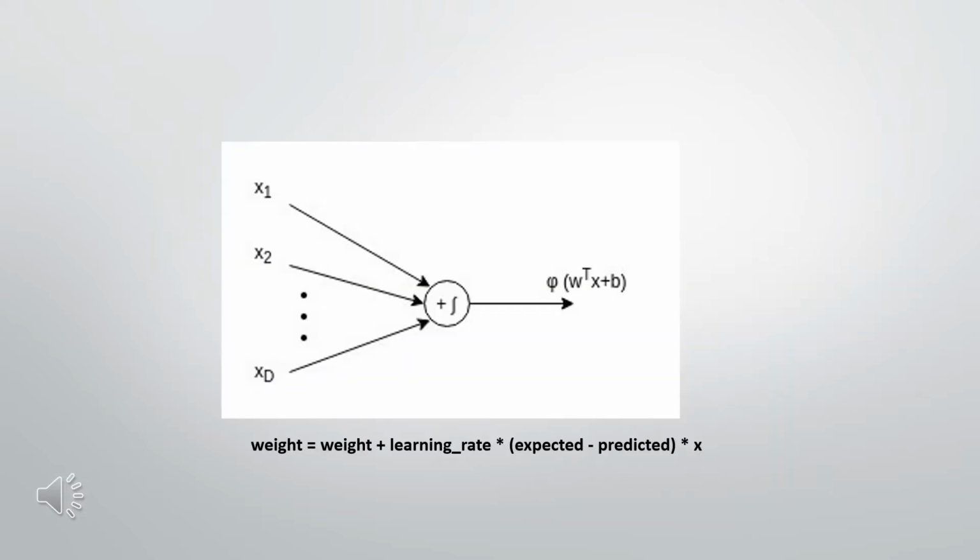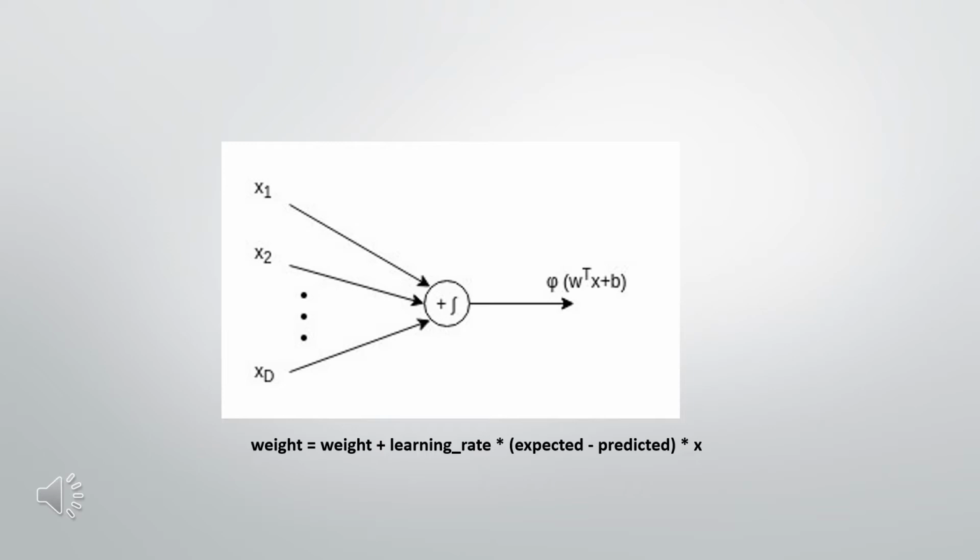Here we have another diagram which shows x1, x2 up to xt as the inputs, and these inputs are taken by the function that is a plus f. And we have the wt x plus b. This is again another function which takes the input followed by some weight, denoted by w, and including the bias.